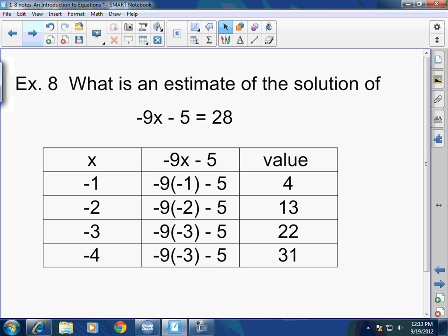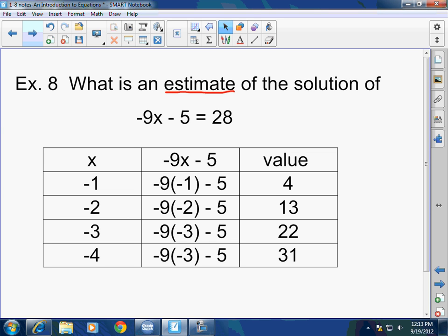In this case, please read. I'm not trying to be rude, but please read. It says, what is an estimate of the solution of negative 9x minus 5 equals 28? Yes, sir. Okay, let's think about what you just finished saying.